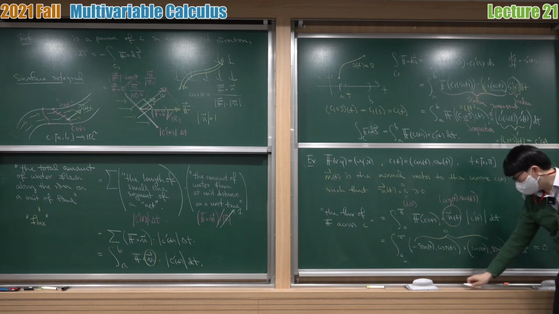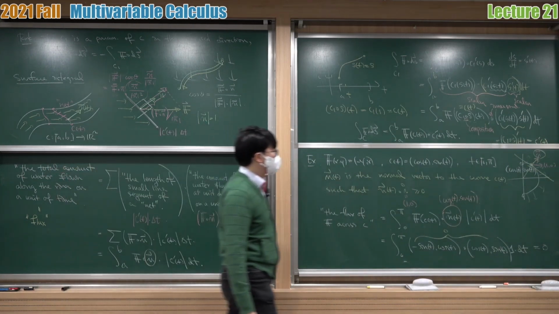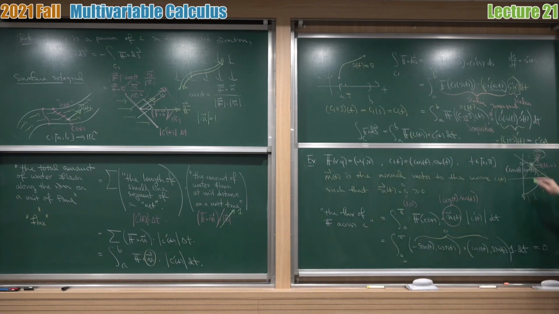So if you think about the direction of the vector field at this point, it's negative y, comma x. So it's following this direction. Whenever you try to find the flux, you have to find out how much particle is moving in the normal direction to the net. But this particle is moving in the tangent direction of the net.